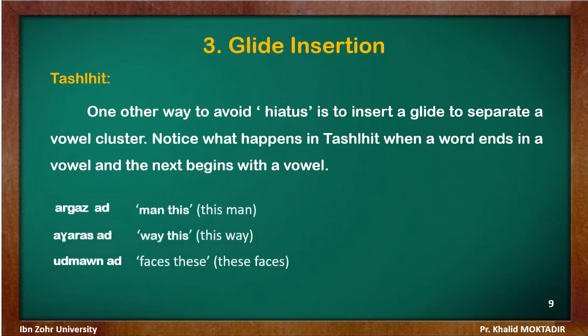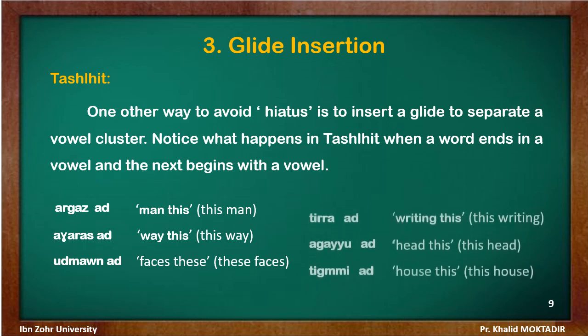Here we have the demonstrative pronoun this that comes after the noun. Ergez ed, agarased, udmauned. Here we have no problem on the boundaries of words. We have the first word ending in a consonant and the next begins with a vowel. But when we end up having two vowels, look what happens.